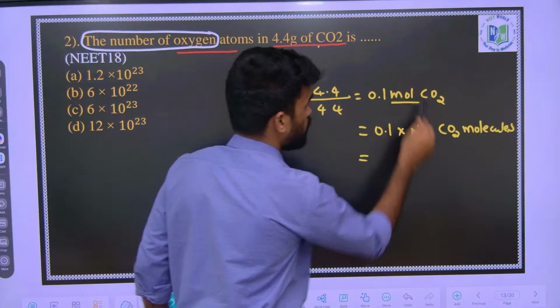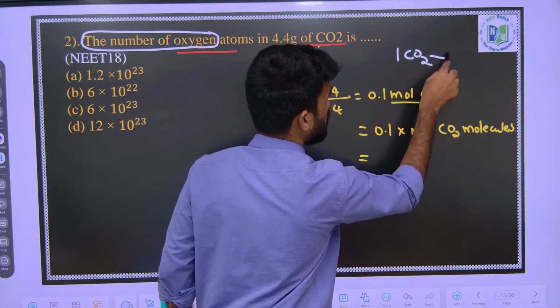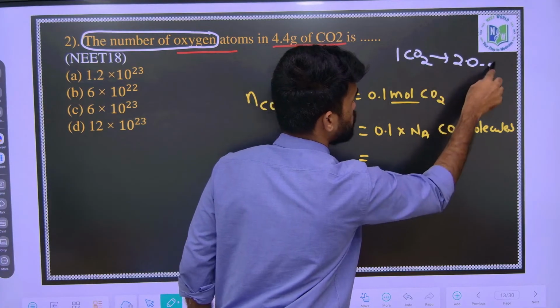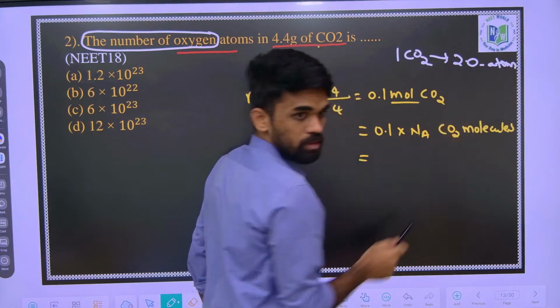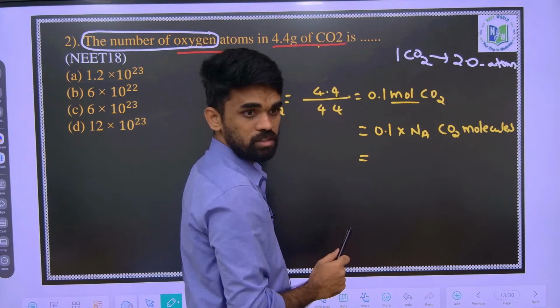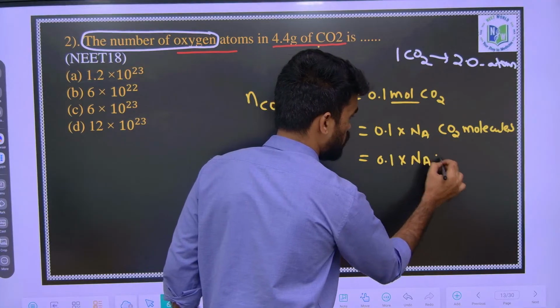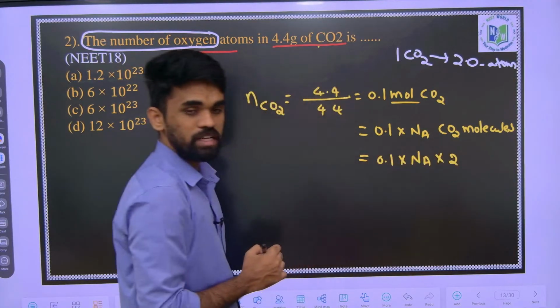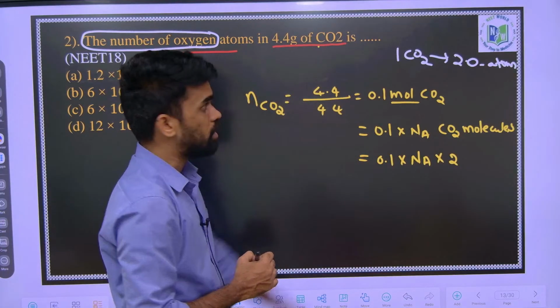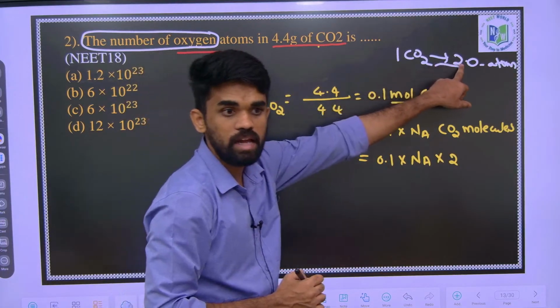So one molecule of CO2 contains 2 oxygen atoms, right? That is what atomicity of oxygen is. So 0.1 into Avogadro number into 2. What is the 2? Number of oxygen atoms.